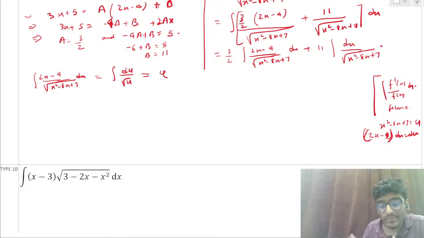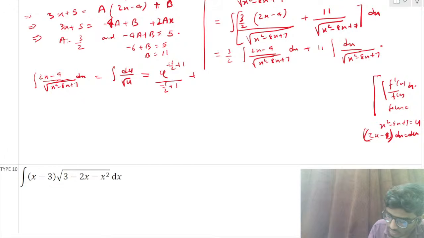I think my tablet is lagging. When we integrate it, what are we left with? It is u to the power minus 1 by 2 plus 1, upon minus 1 by 2 plus 1, plus c.